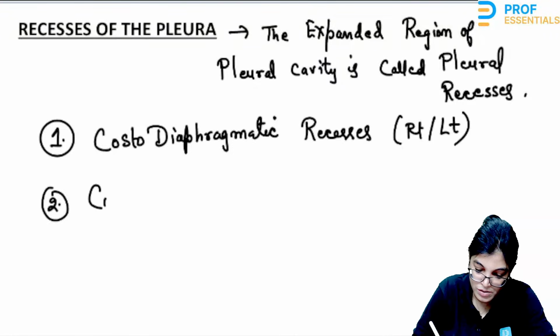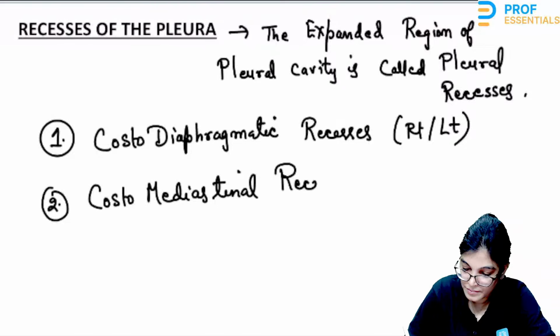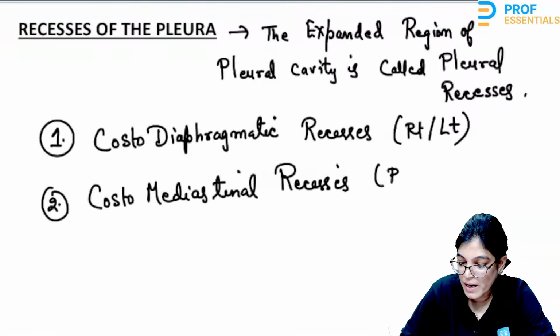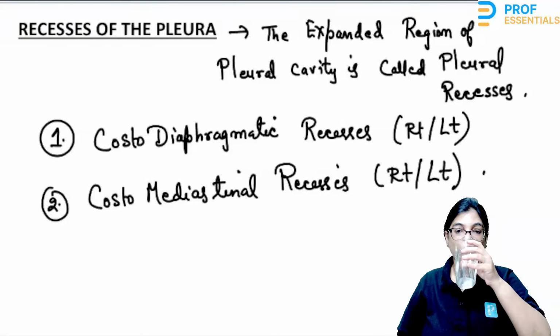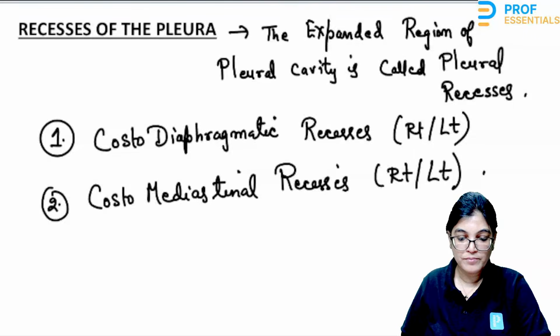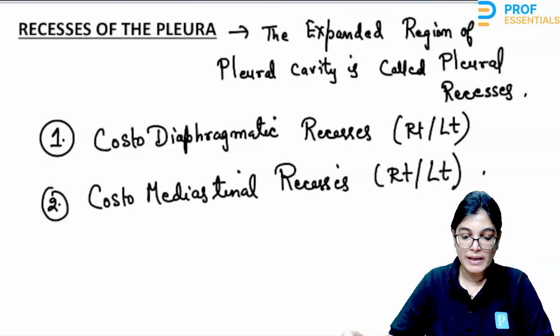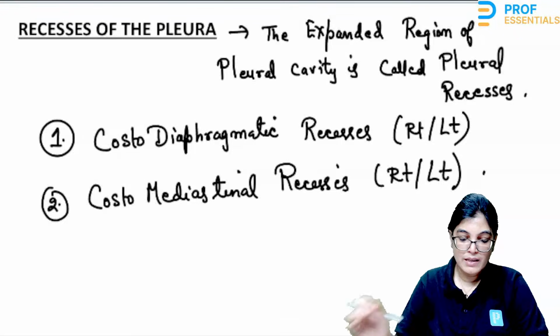And we have the costomediastinal recess, which will again be present on the right and left side. Got it? My dear students, if you have any doubt, please let me know.